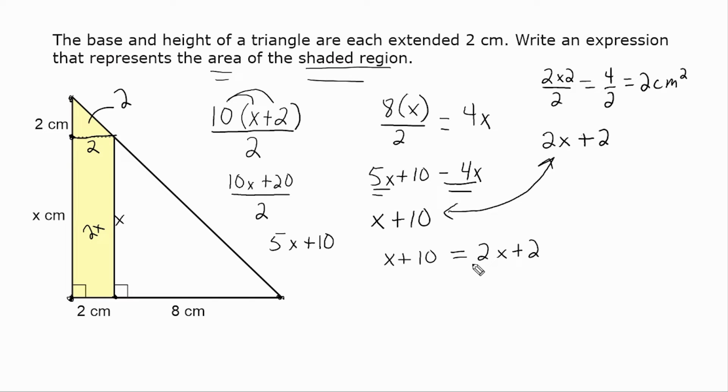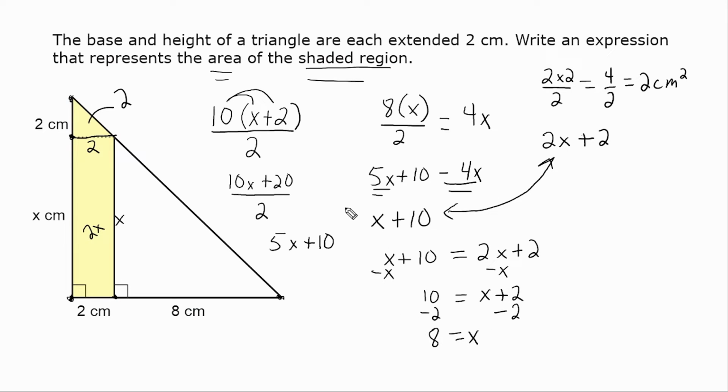We're going to take this x right here and subtract it on both sides. And that leaves us with positive 10 on this side. And on this side, that leaves us with positive 1x plus 2. Now we're going to take this positive 2 and subtract it on both sides, which leaves us with 8 equals x. So now we know that x is equal to 8.